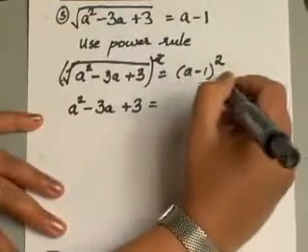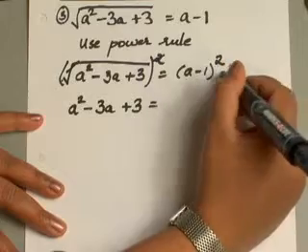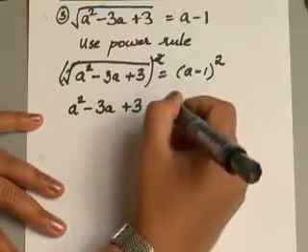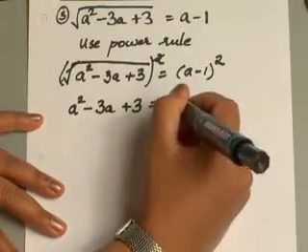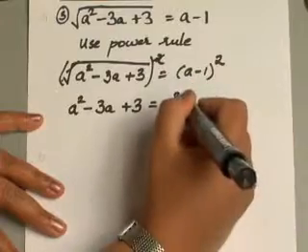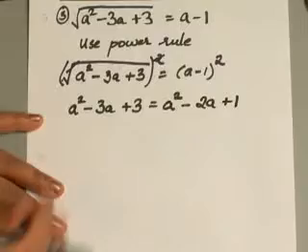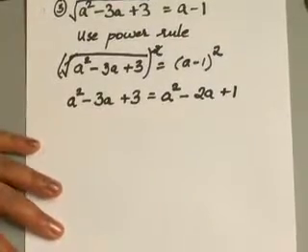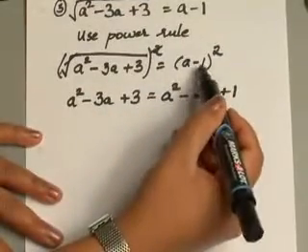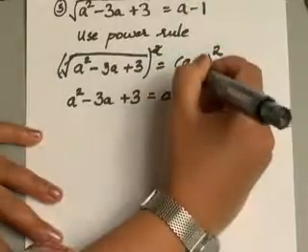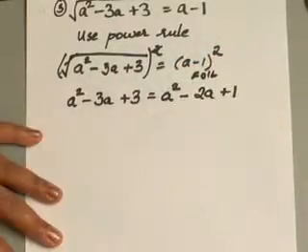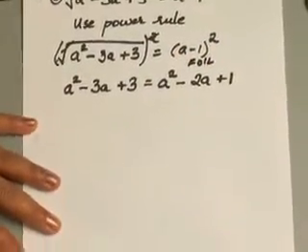So this will be a minus 1 times a minus 1, and once you FOIL the two, you'll end up with a squared minus 2a plus 1 as your product.